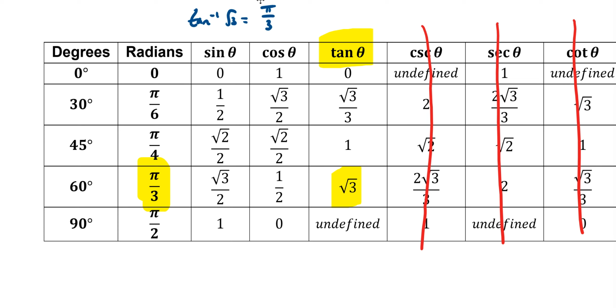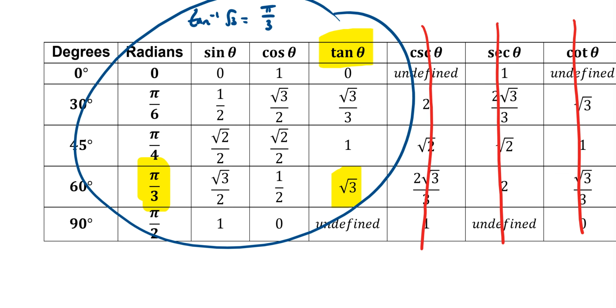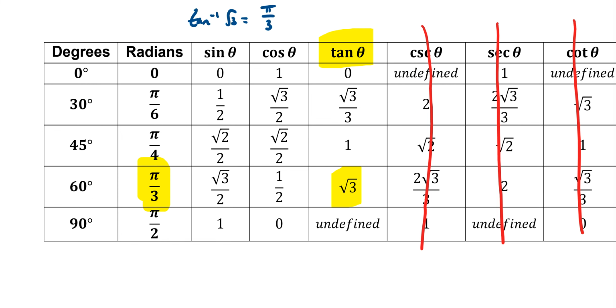If you were taking an exam, I would get the exam and actually just write this table down, because if you have it in front of you, you don't have to think too hard. The answers are just looking straight at you. So tan inverse of radical 3 is pi over 3 because tangent of pi over 3 is radical 3.